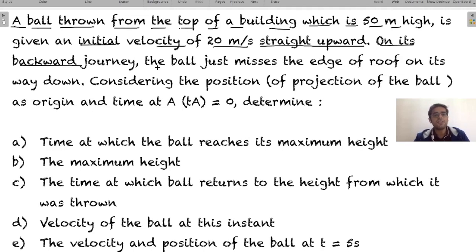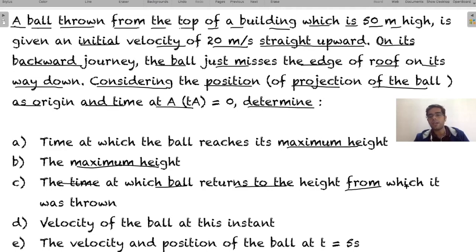On its backward journey, the ball just misses the edge of the roof on its way down. Considering the position of projection of the ball as origin and time at A, t is equal to 0, determine the time at which the ball reaches the maximum height, the time at which the ball returns to the height from which it was thrown, the velocity of the ball at this instant, and the velocity and position of the ball at t is equal to 5 seconds.